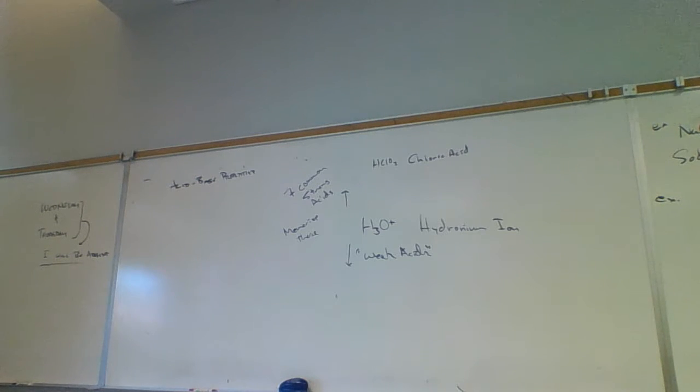What is HF? Yeah, HF is hydrofluoric acid. But you know, HF is kind of the odd one out. Do you see the pattern already? Why is it the odd one out, HF? What about the other members of the family?